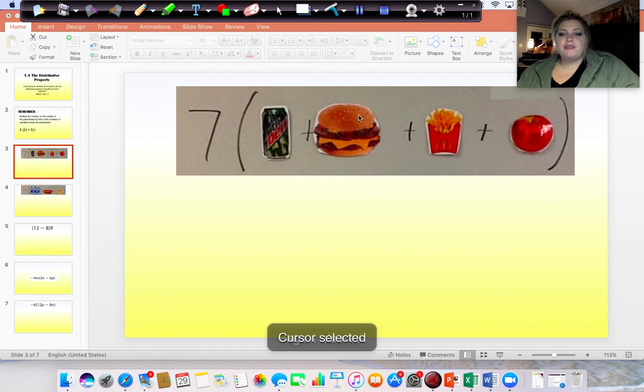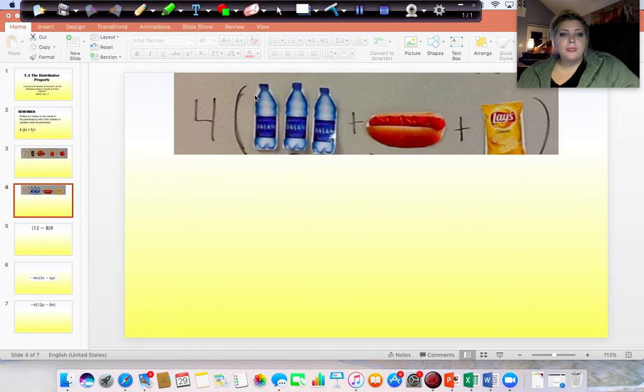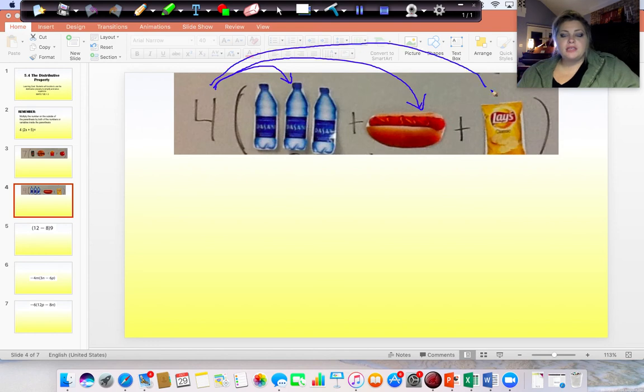For this one, you don't have to draw the items unless you absolutely would like to. Same here. We have 3 waters, a hot dog, and a bag of chips. So 4 times the waters, 4 times the hot dog, and 4 times the chips.